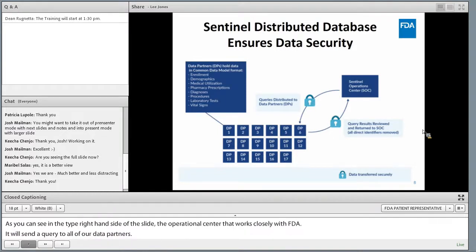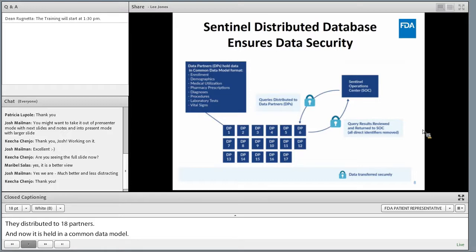The data partners hold their data in a common data model format, as you can see in the top left box. These data elements include enrollment information, demography, so age and sex. It includes medical utilization, so visits to the clinic, visits to the emergency room, pharmacy prescriptions, what drugs are dispensed and in what formulation, and how many.